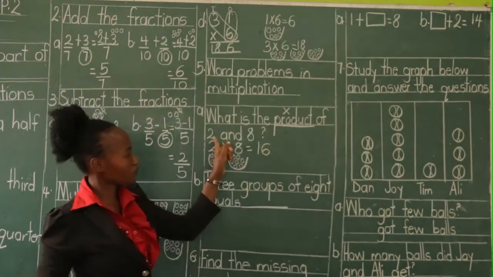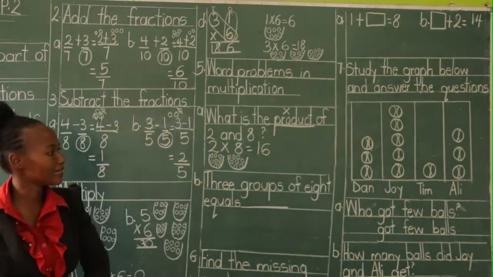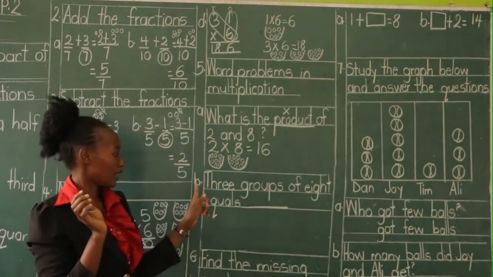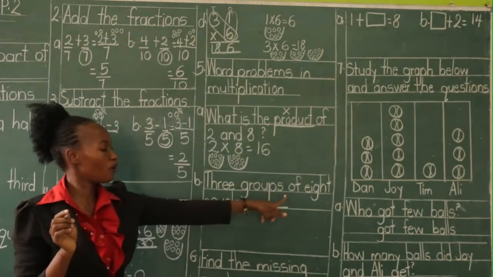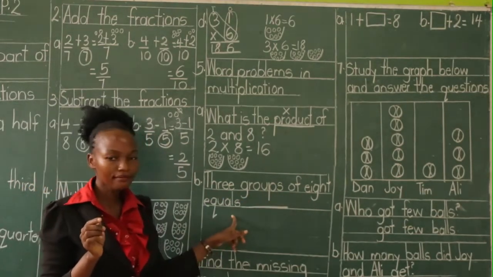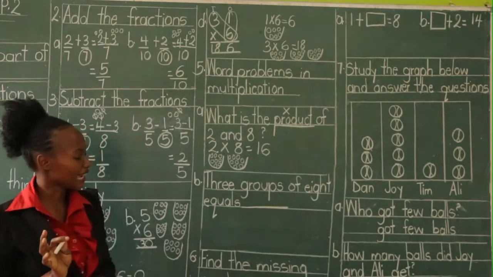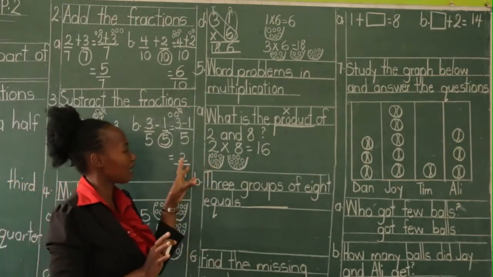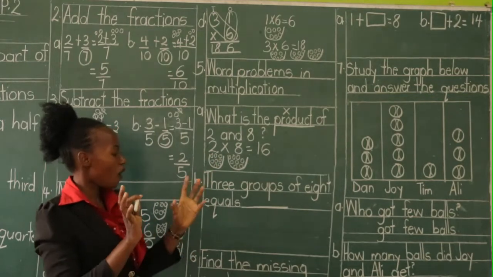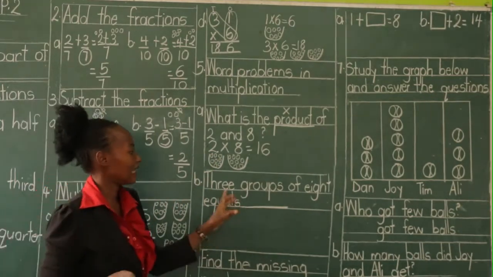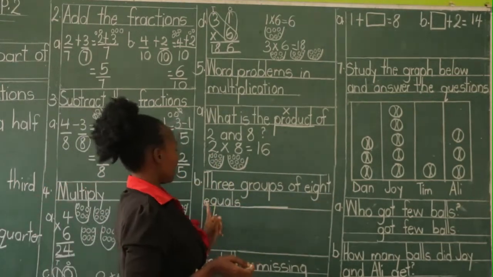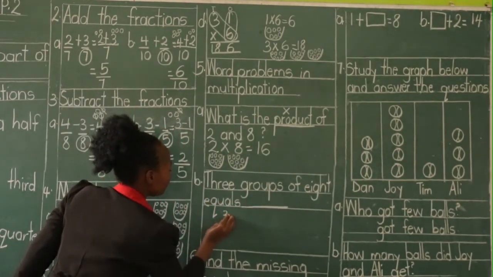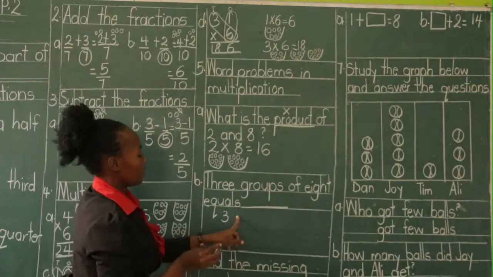The product of 2 and 8 is 16. Right. Let's go to the next example. We have 3 groups of 8 equals. Now here, they've given the word groups. How are you going to find the answer here? 3 groups of 8 equals.